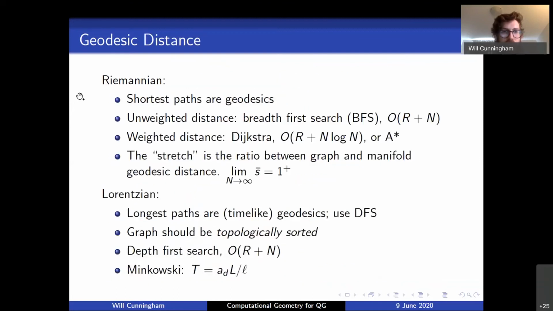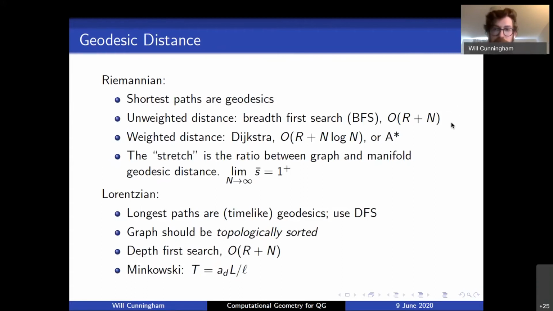So now let's take a look at geodesic distance. In the Riemannian case, the shortest paths are geodesic. There's a whole host of pathfinding algorithms for graphs. This is not something that's unique for quantum gravity at all. There are many, many examples online of different implementations.